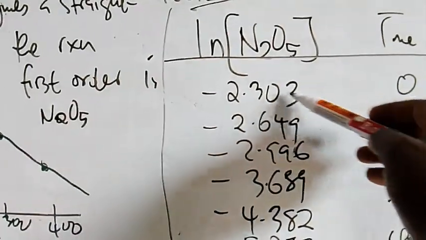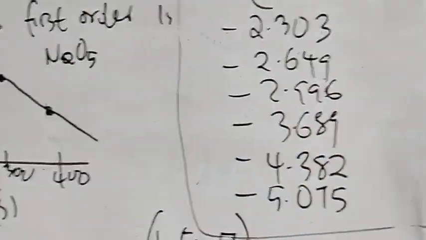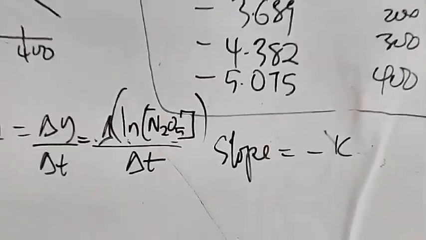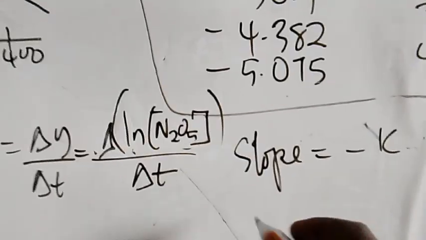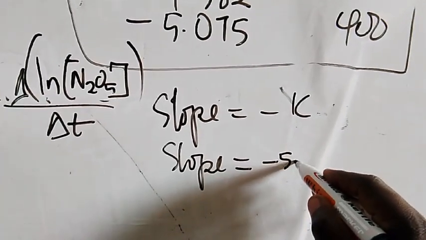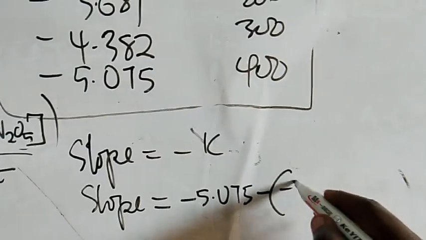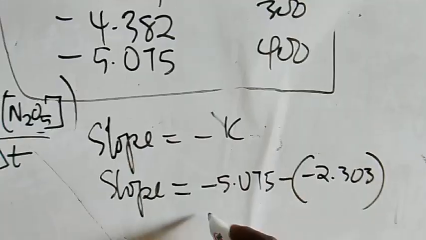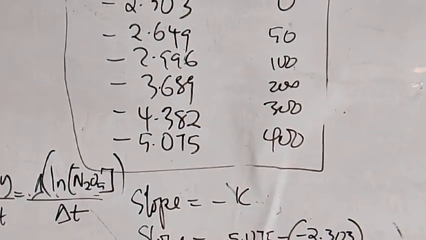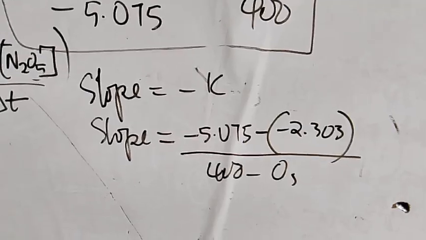So we're going to use negative 2.303 and this one. You can pick any points, but since these are exactly on the line, they'll give us an accurate answer. So the slope will equal negative 5.05 minus negative 2.303, over time, which is 400 seconds minus 0 seconds.